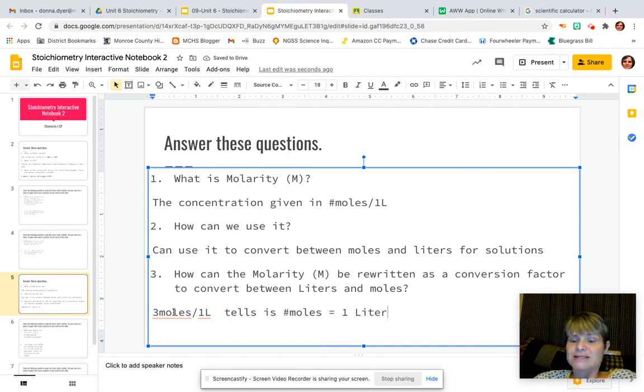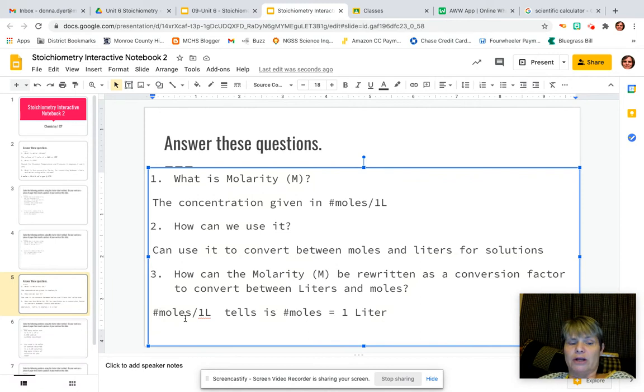Okay, kind of like density. We said that a density of 2.5 grams per milliliter means that there's 2.5 grams in 1 milliliter. Well, here, if we say the molarity is 2 molar, then that means it's 2 moles in 1 liter, which means 2 moles is equal to 1 liter.